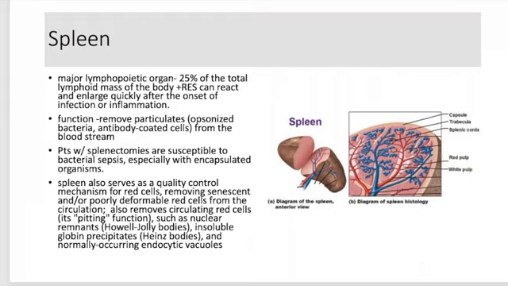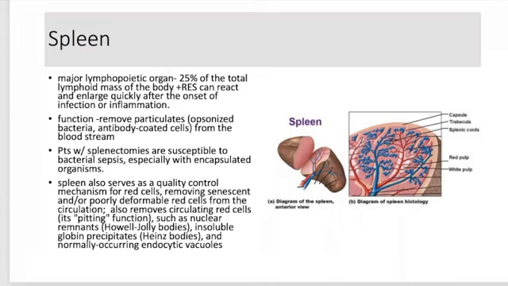So the spleen is concave. It's an encapsulated organ, about the size of your fist, located in the upper abdominal compartment. It contains strands of connective tissue called trabeculae, and it is divided into splenic pulp, white and red.